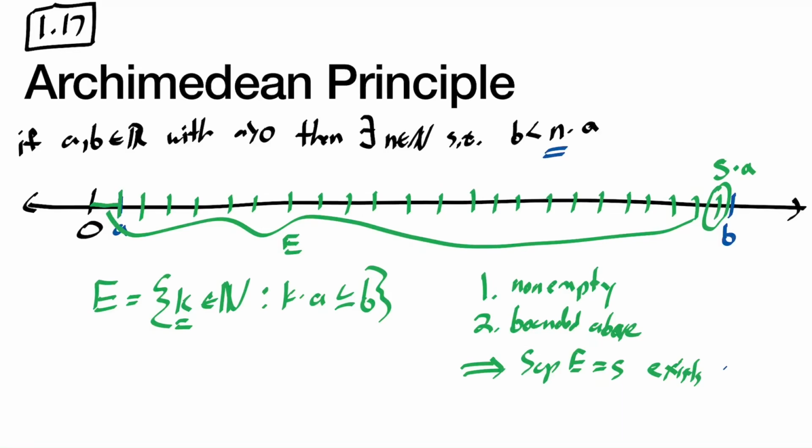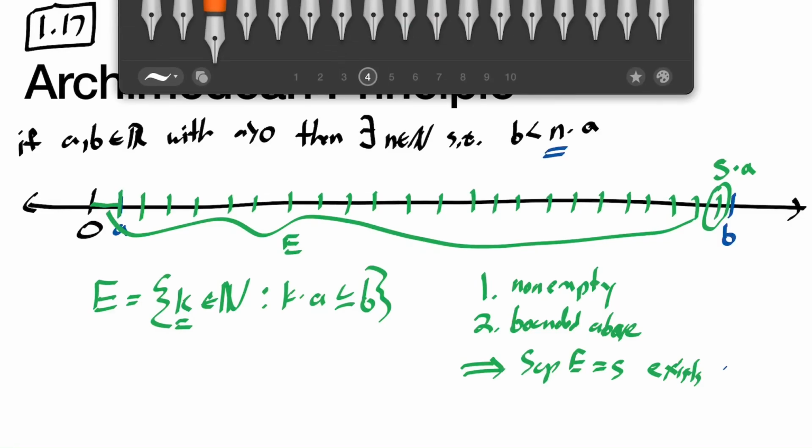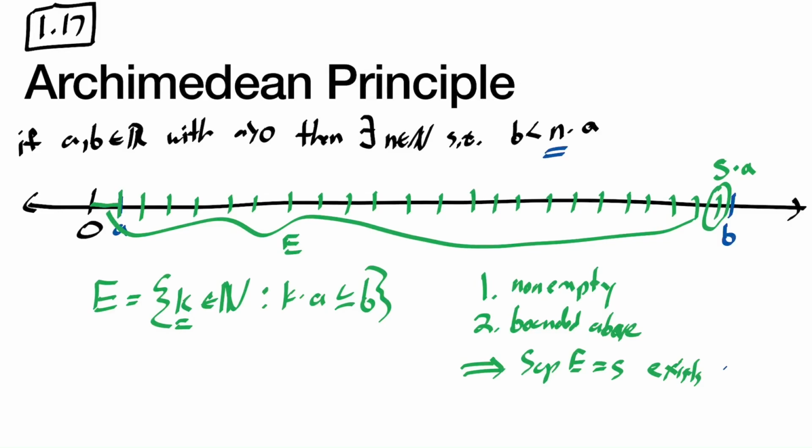Okay. So we hit that sup, and then what we're going to do is move just to the other side and say, well, what happens if we move just on the other side of that sup? So what happens if we add one more section?